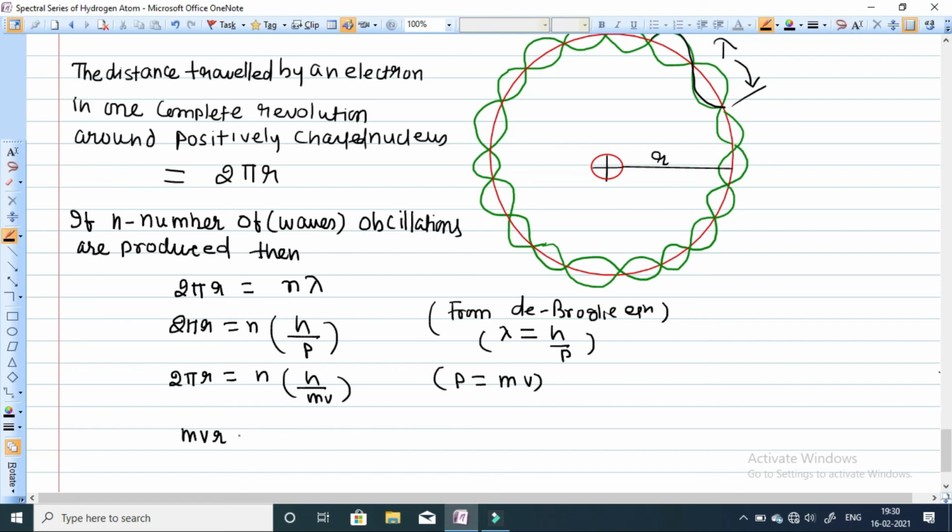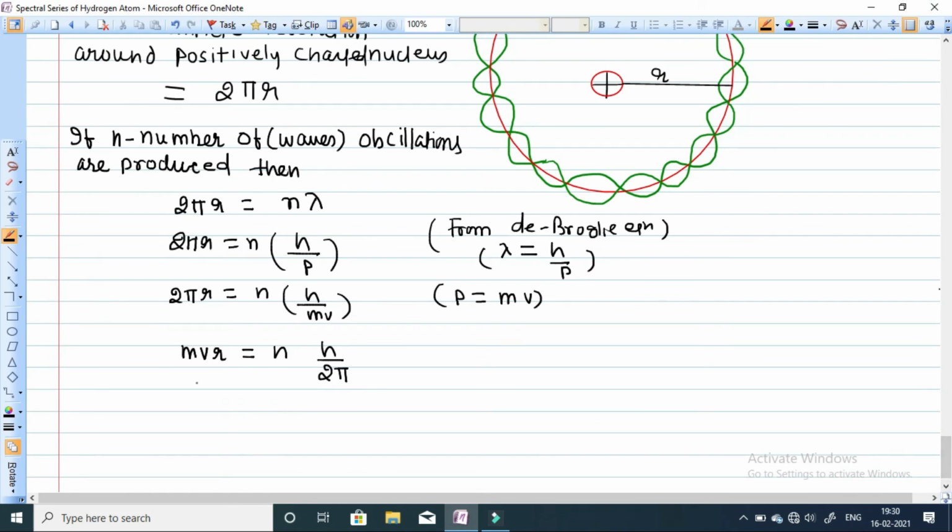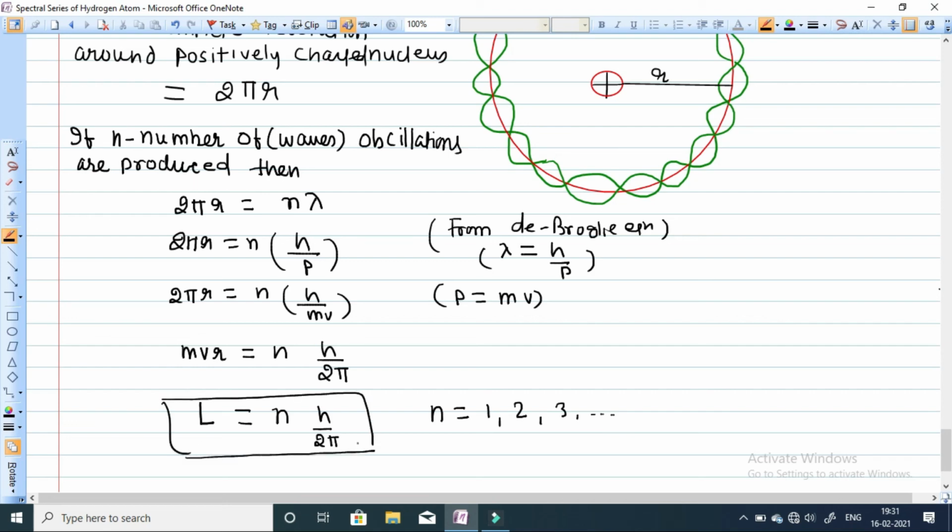Then this will be mvr equal to n into h upon 2 pi, and mvr is nothing but angular momentum. So L is equal to n into h upon 2 pi. If one wave is formed, n is 1; if two waves are formed, n is 2, and so on, so n is an integer. This is Bohr's second postulate.